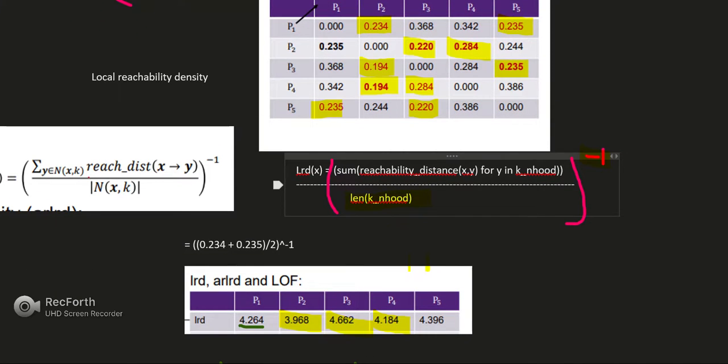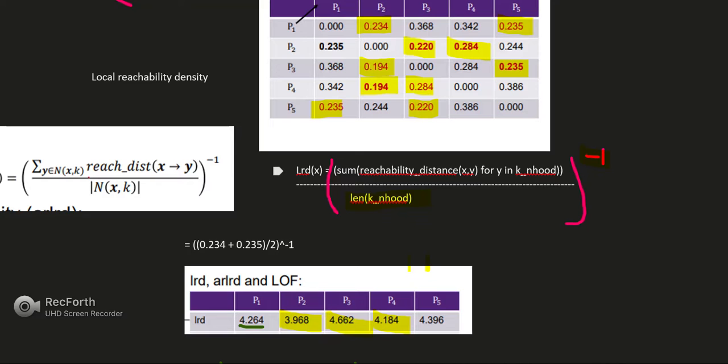Then we calculate the local reachability density, which is just the sum of the reachability distance for each of the points in the neighborhood. And you divide that by the length of the neighborhood and you take it to the power of -1.